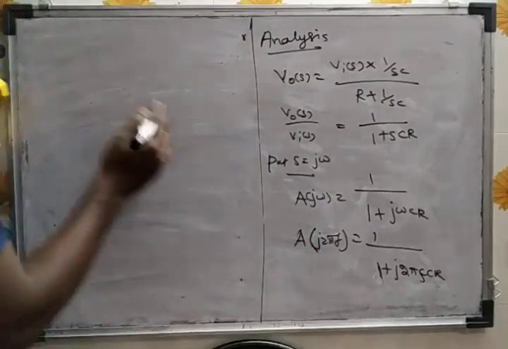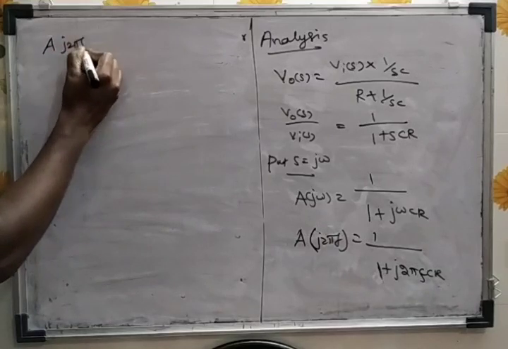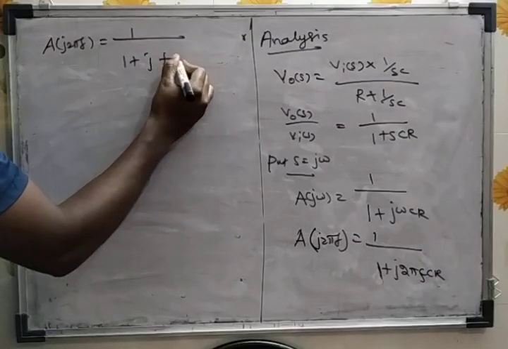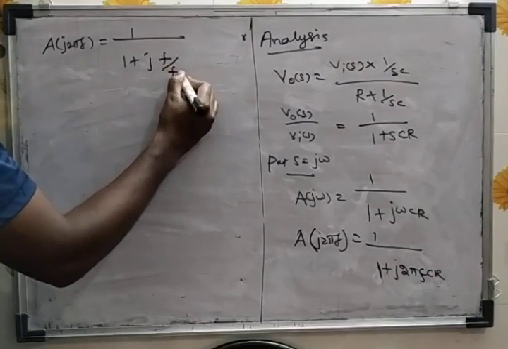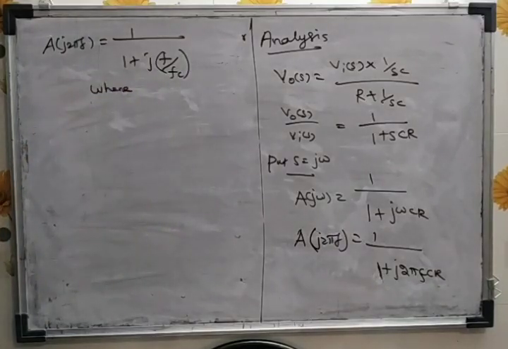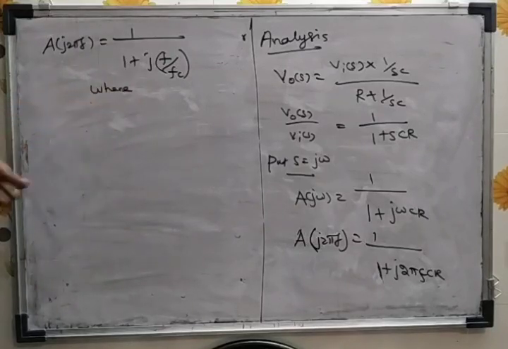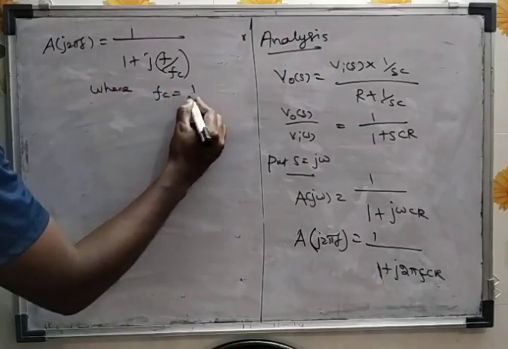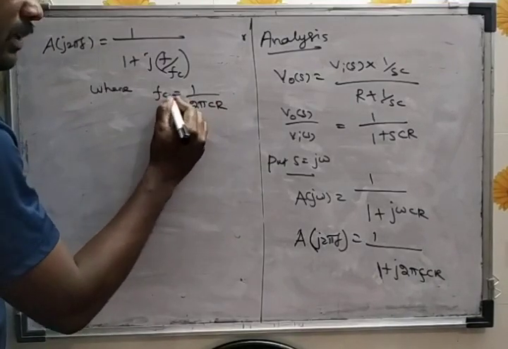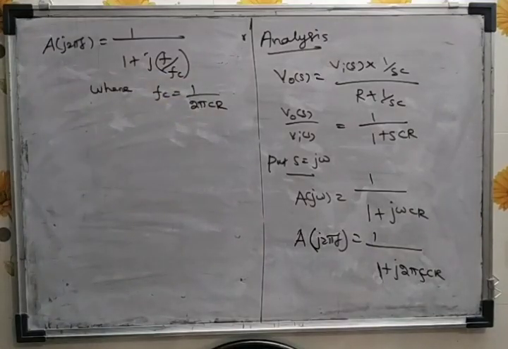From this equation you will get A of j 2 pi f equal to 1 by 1 plus j f by fC, where fC equals 1 by 2 pi CR. So this fC is the 3 dB cutoff frequency, which is given by 1 by 2 pi CR.